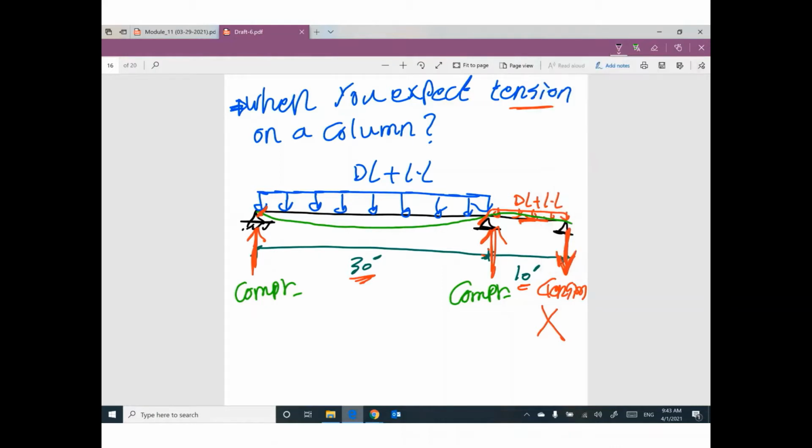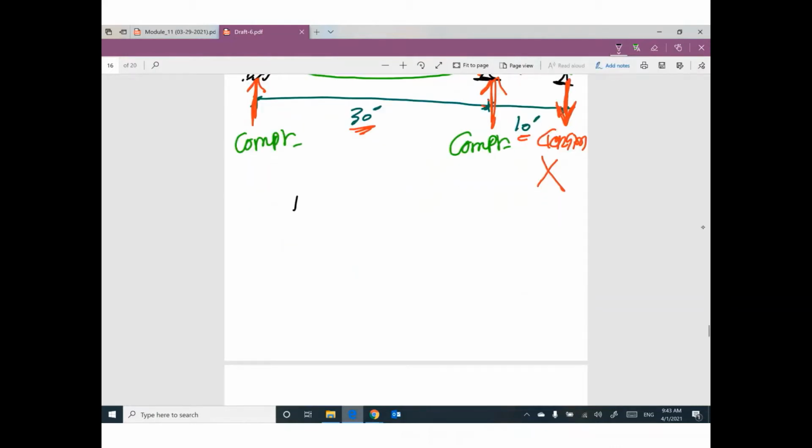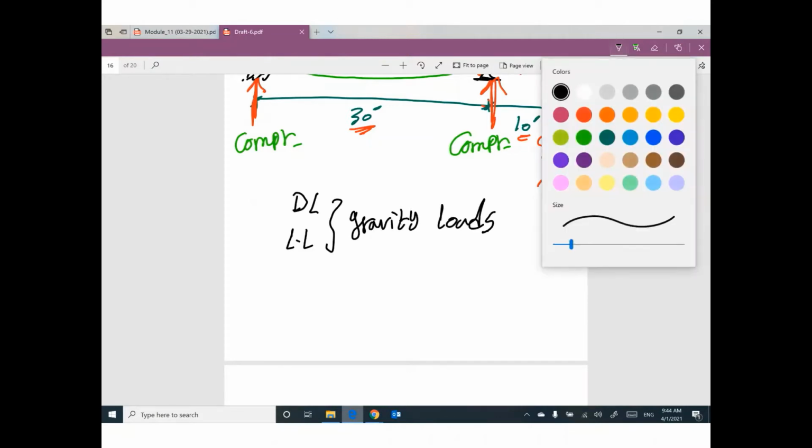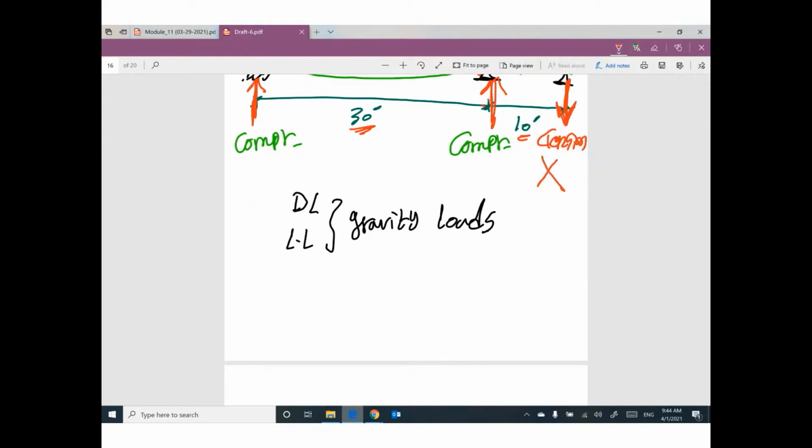You know, guys, dead load and live load can be called gravity loads, which means everything in the structure is under the effect of downward force, which means any column in your structure should be under compression.